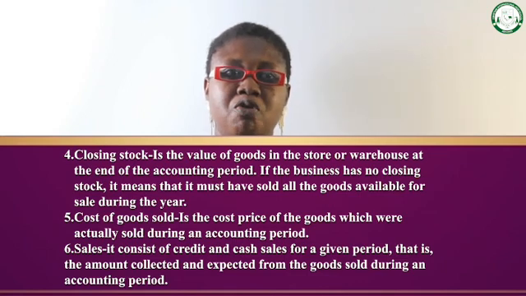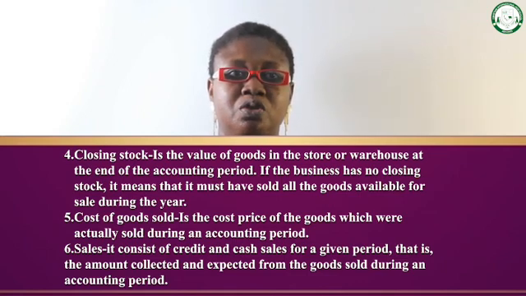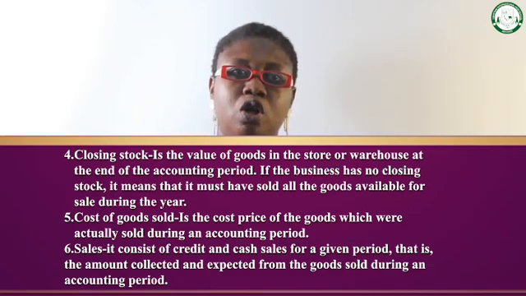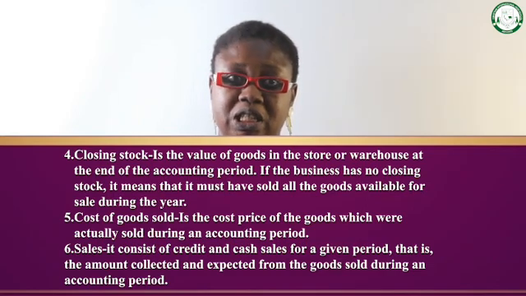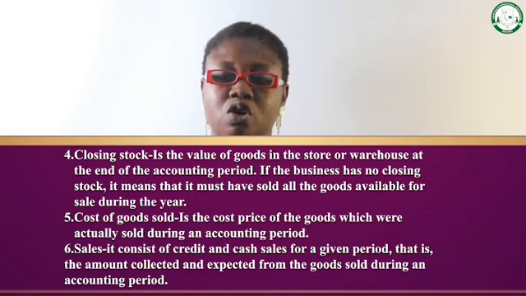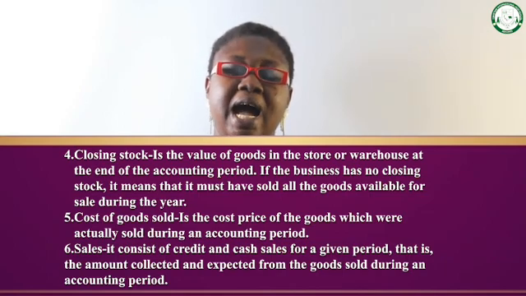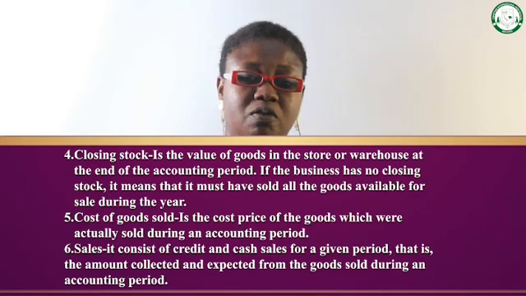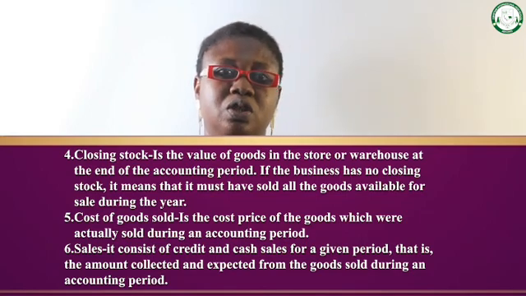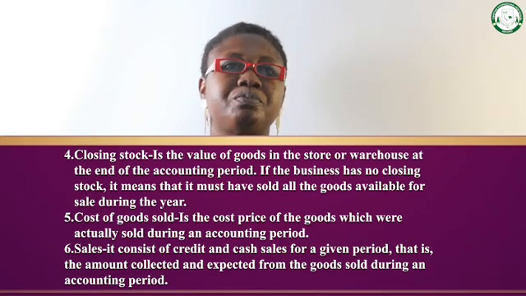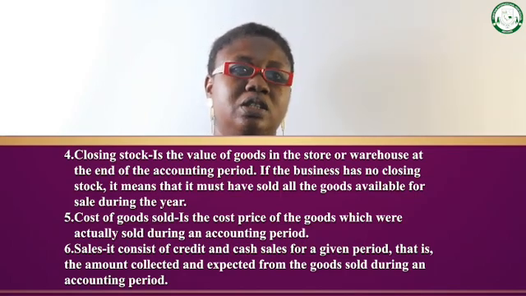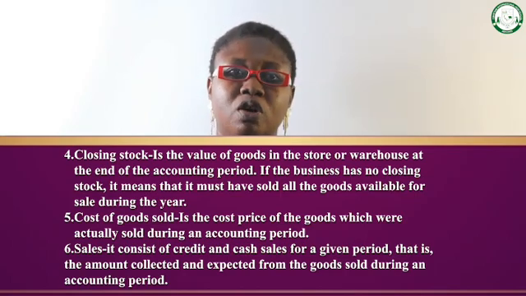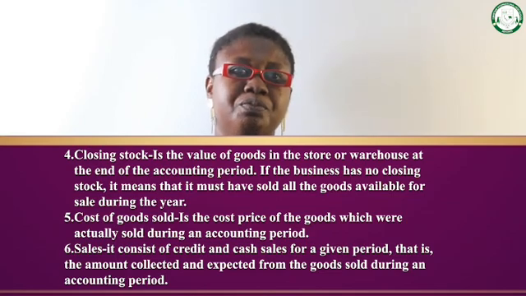Now, you simply add your opening stock plus purchases, then you get your solution, which we refer to as cost of goods available for sale. Then you also subtract your closing stock to get your cost of goods sold.